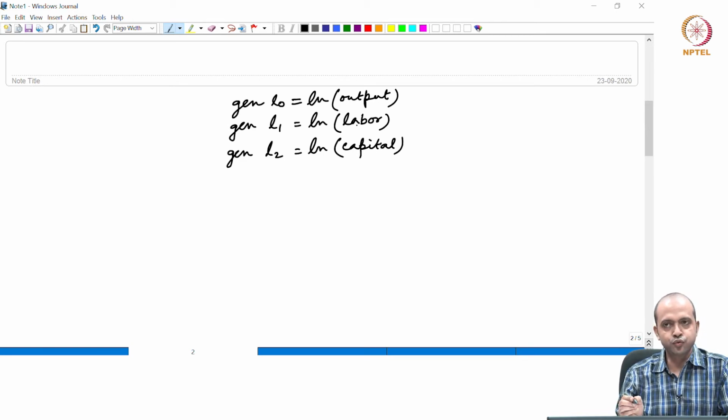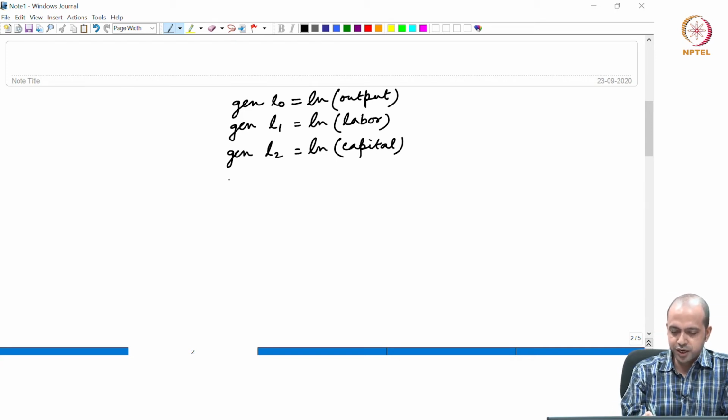Similarly, for the restricted version, I need to generate two additional variables.